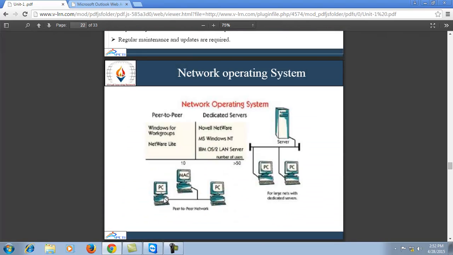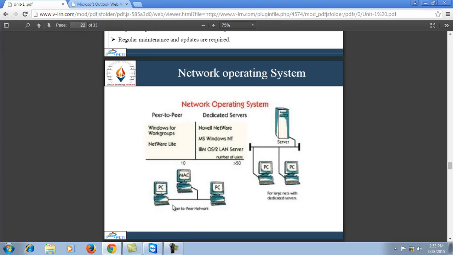Same as before. In this, two differences are given. This one is peer-to-peer and this one is dedicated server. Peer-to-peer mentions Windows for Workgroups, Network Lite. This is a peer-to-peer network where every system is connected on the network and there is a very limited number of computers.